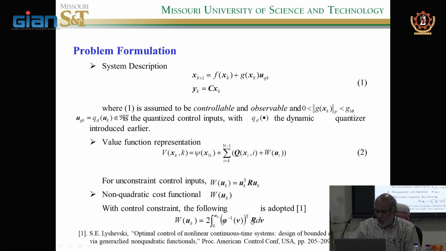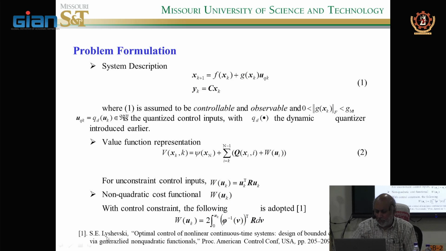And what this is doing is, it's basically limiting the actuator output within a certain limit. Okay? So there is a saturation limit. It basically limits the control input between a lower bound and an upper bound. So this is non-quadratic, okay?